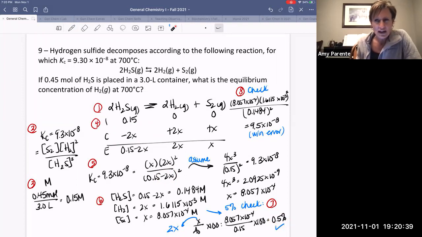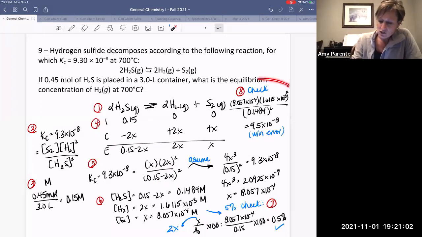So that's not going to change our value here. But if it was something on the border, that would matter. In this case, we take the size of our scoop, divided by the size of our pile, multiply by 100, and that tells us that the size of our scoop only represents 0.5%, or in reality, 1%, of our total amount of starting material. So our assumption was valid.